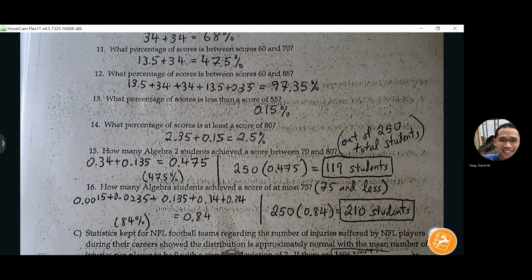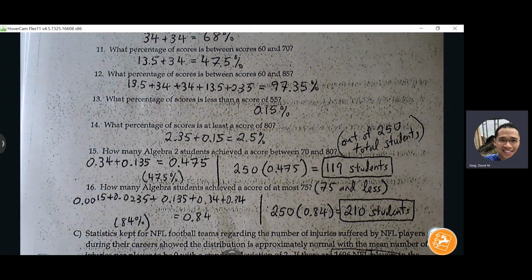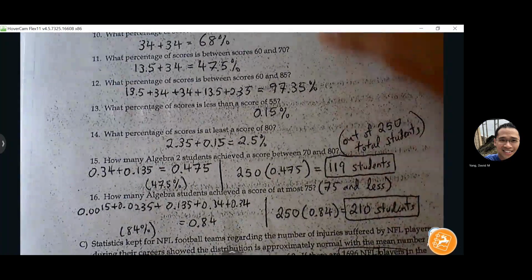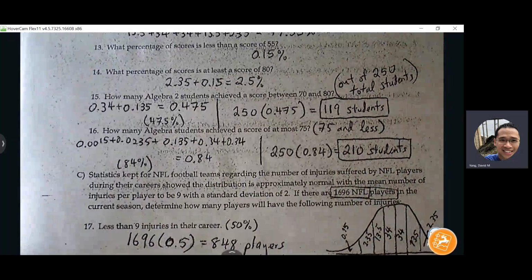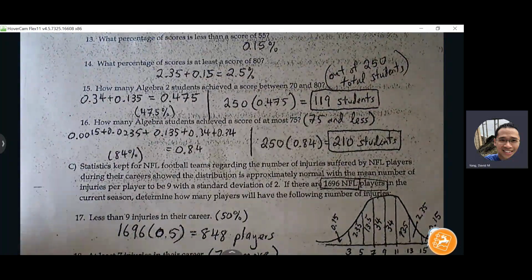Okay. If you're good with that, go ahead and finish part C. If you're comfortable with that, we can start moving into the next section.